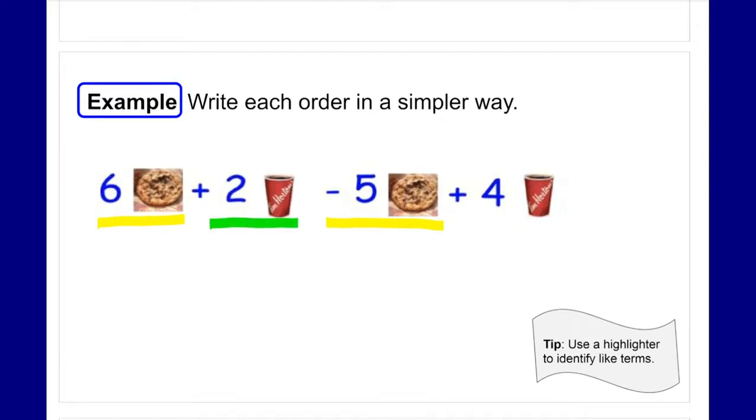Plus 2 coffees plus 4 coffees. Those are like terms. They're both coffees. So if I go through and simplify this, focus on the parts that are the same. 6 cookies minus 5 cookies is the same thing as just saying there's 1 cookie. We're going to say 1C.